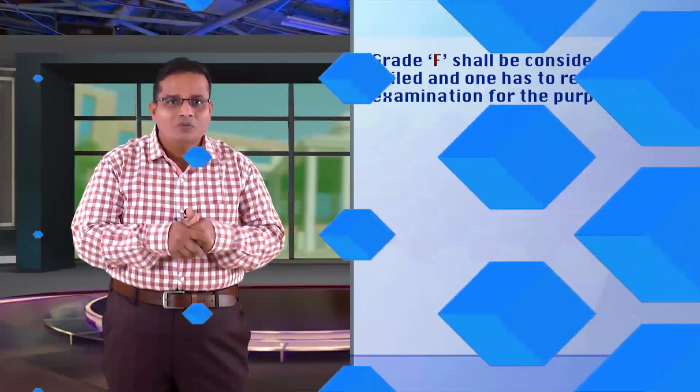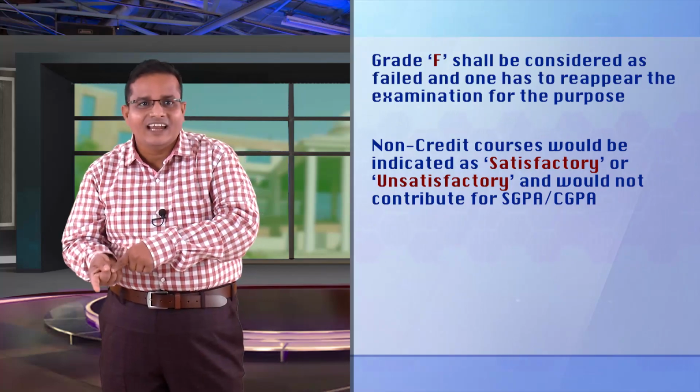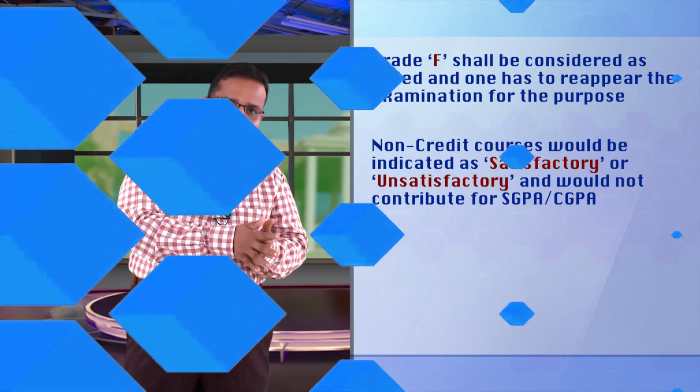Under CBCS, the performance of a student in a non-credit course is not expressed through a letter grade and is expressed in terms of two indicators. What are those? One is satisfactory, another one is non-satisfactory. The non-credit courses do not contribute to SGPA or CGPA.